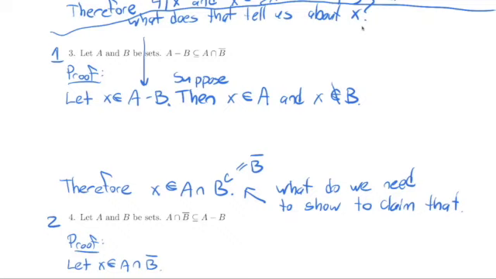So we supposed X is in there, and that tells us then that X is in A and X is not in B. So "then" is more of the implying rather than assuming. That's right. When you say "then," this immediately should follow from that without any intermediate logic in between.